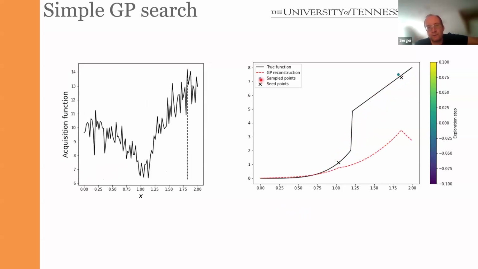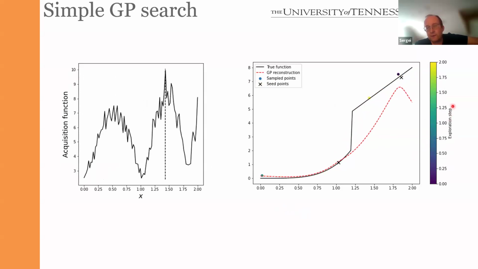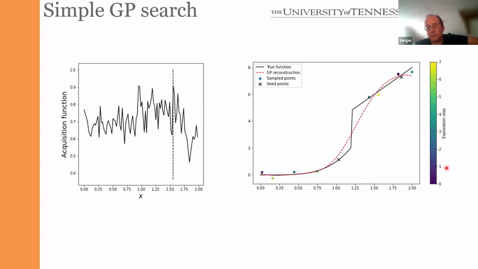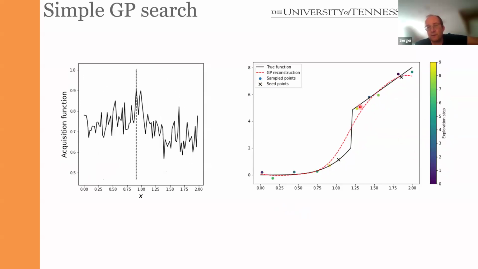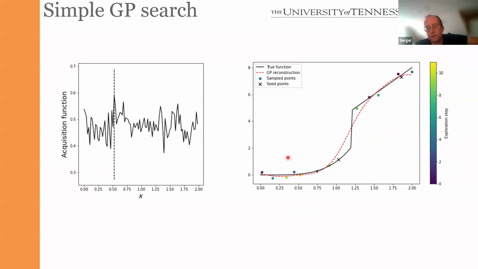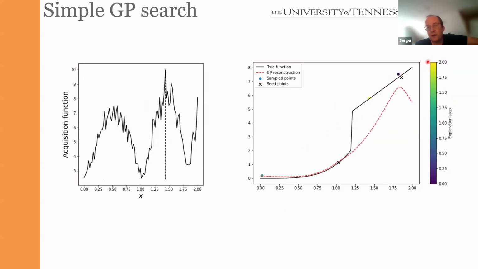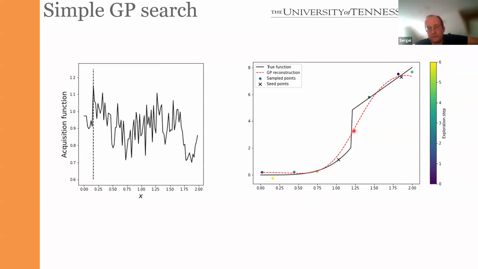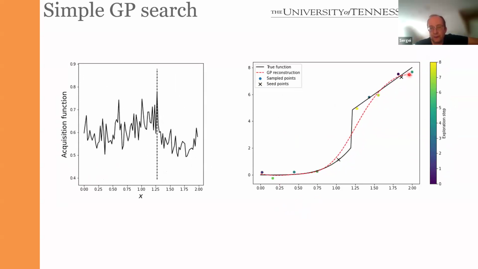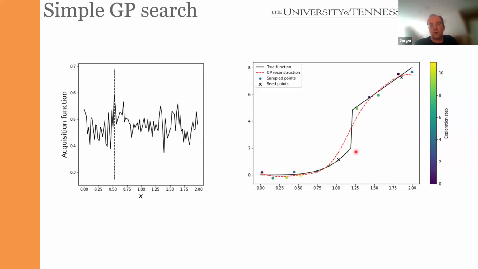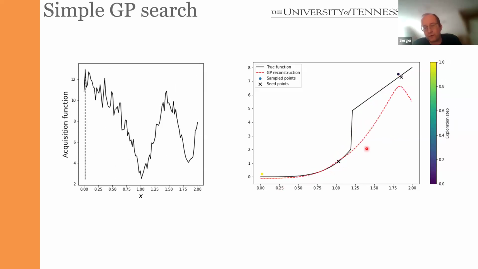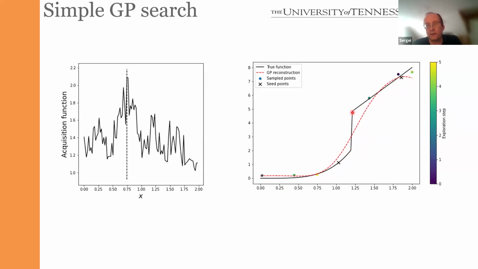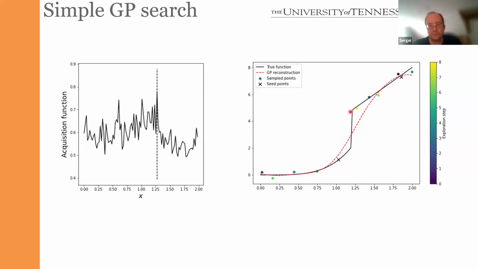The dots are the sample points, and they have a color that is proportional to their number. So when the dots appear, their color changes, so you can see the history of exploration up to a given moment. And then the red line is the Gaussian process reconstruction. Obviously, our goal is for the red line to coincide with the black line. Then we have discovered the behavior of the function.